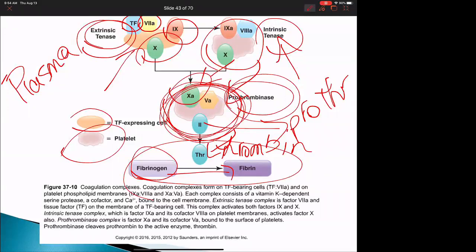So calcium always needs to be bound to the cell membrane so that these factors can bind. Calcium has to always be present. Calcium has to be present here and also here, okay? On this side right over here. And without calcium, the binding cannot occur.